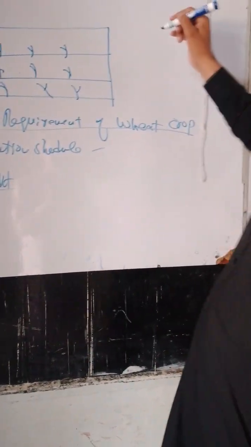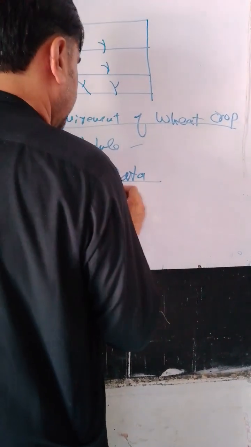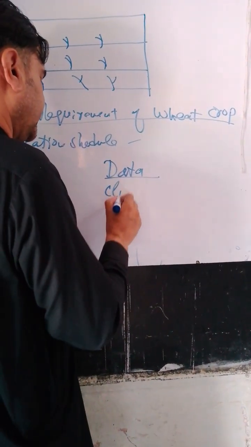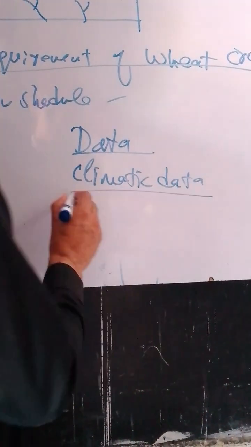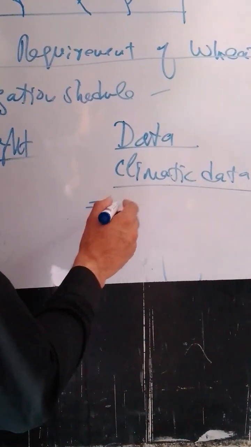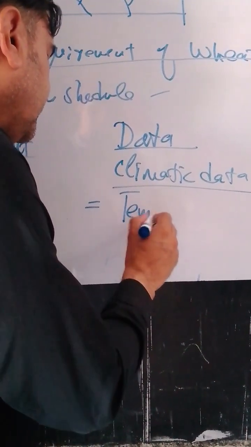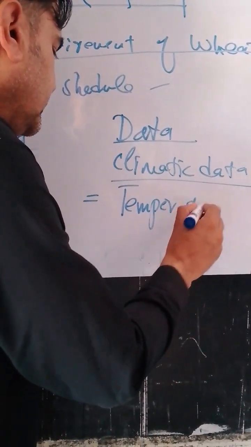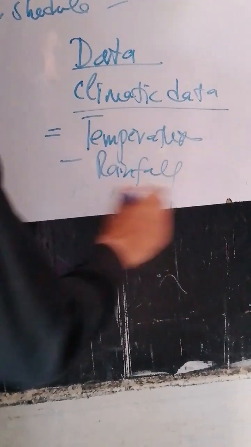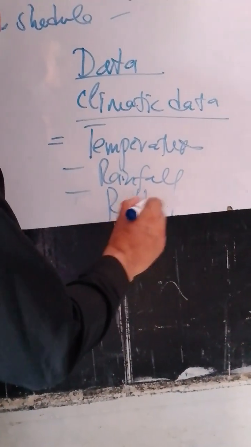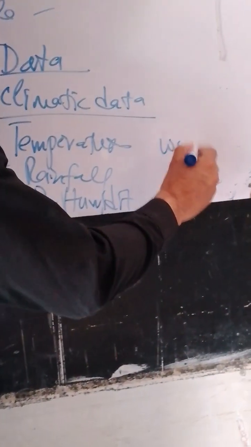Now, which type of data do we need for this model? The first is climatic data. In the climatic data we need temperature, rainfall, relative humidity, and wind speed.